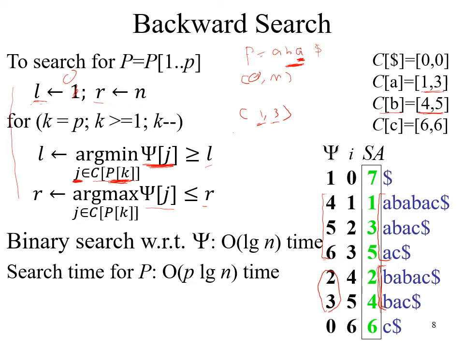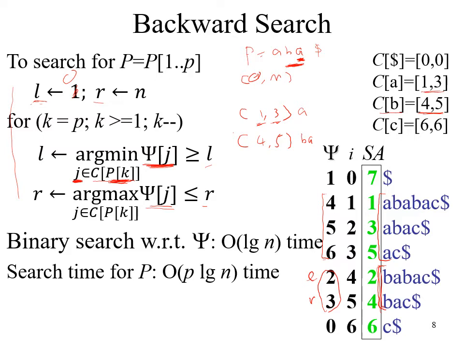So L is here, and R is the largest j such that psi j is smaller than or equal to 3. So R is here. So next we get 4 and 5 for pattern BA. So this is pattern A.